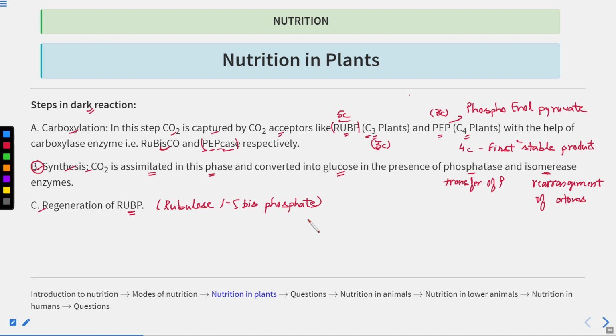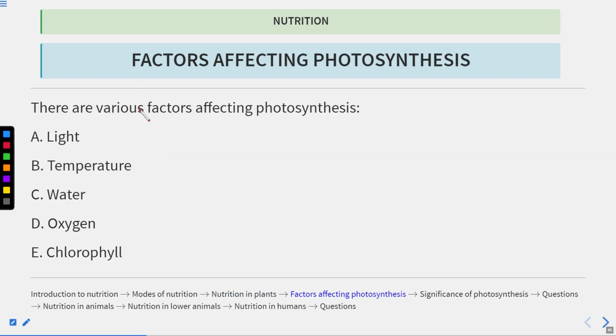All right. Now, there are various factors that affect the rate of photosynthesis. So now let's discuss the factors that affect the rate of photosynthesis. Some of the factors are external and some are internal. What are the external factors?